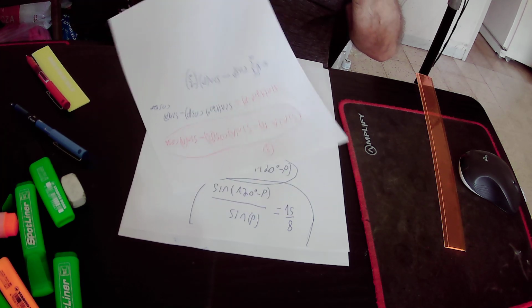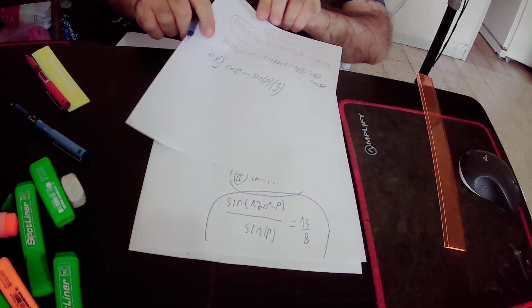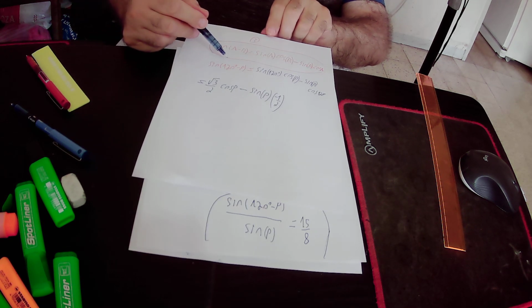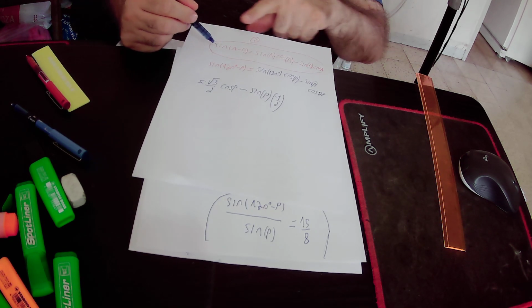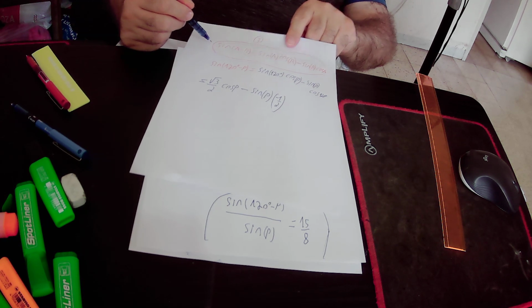Okay, so that is the value of sine 120 degrees minus p according to this trigonometric identity.